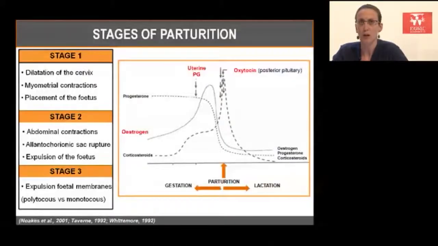And finally, the third stage is characterized by the expulsion of the placenta. Here, I would like to differentiate between polytocous and monotocous species. Polytocous species, such as the sow, void their placenta together with each piglet. Contrary to that, monotocous species void the placenta after the birth of the calf.